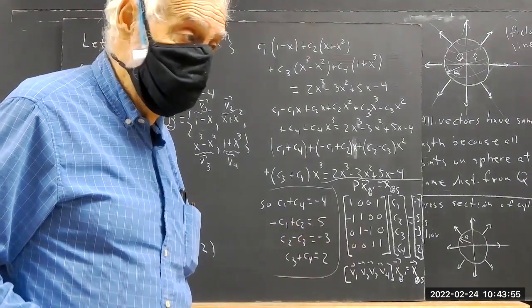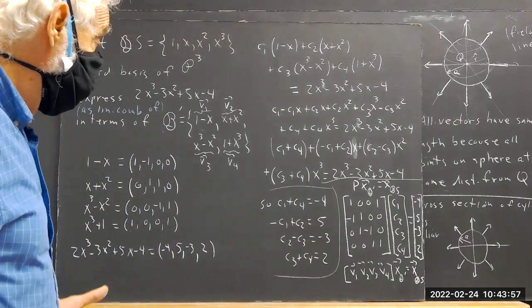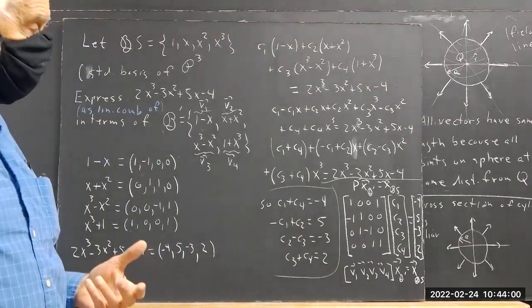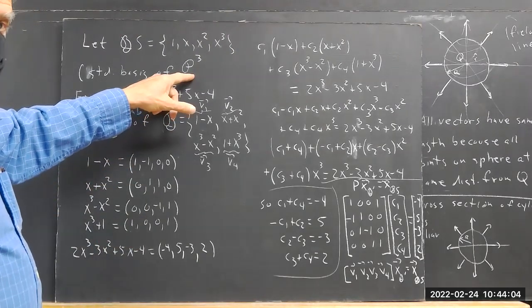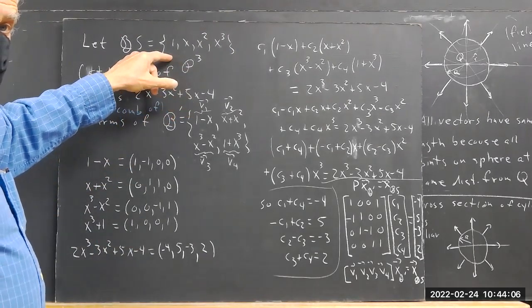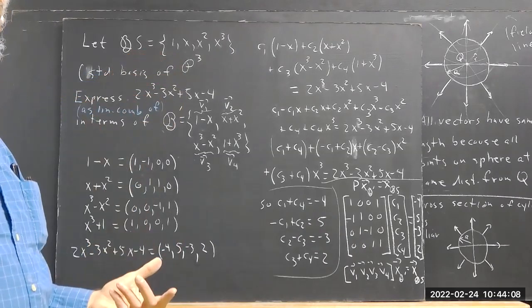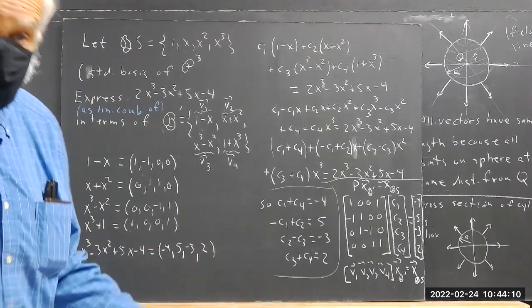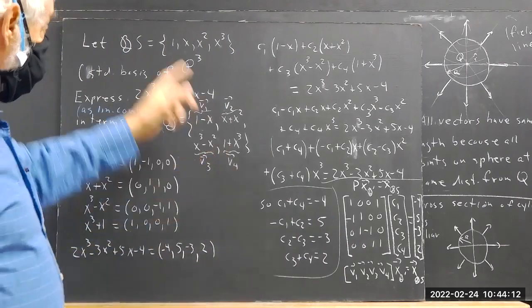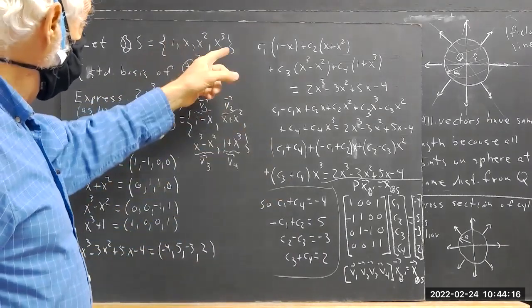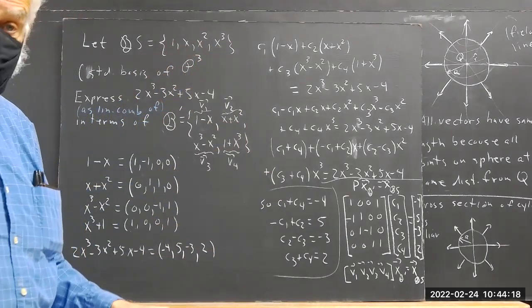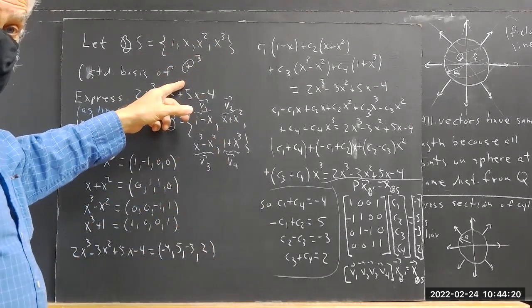Okay. Now, among other things, this is starting to tell you, we haven't proved it yet, but P3 is in this sense totally identical to R4. As we mentioned before, these are linearly independent. You can't get any of these as linear combinations of the others, and they span P3.